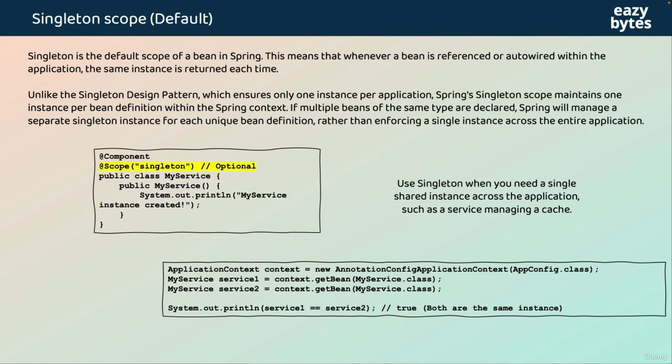Spring singleton scope also maintains one instance only, but there is a small difference between the singleton design pattern and singleton scope. The Spring IOC container is always going to maintain a single instance of a bean per bean definition within the Spring context. With this setup, we are trying to create only a single bean of type myService.